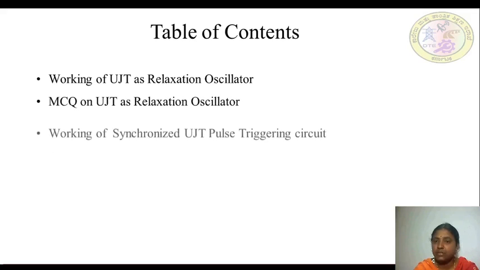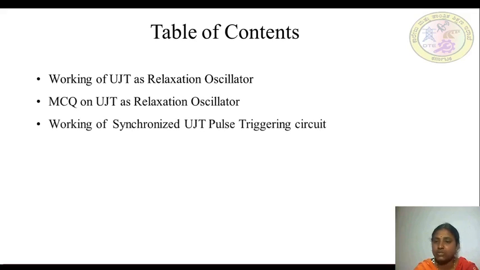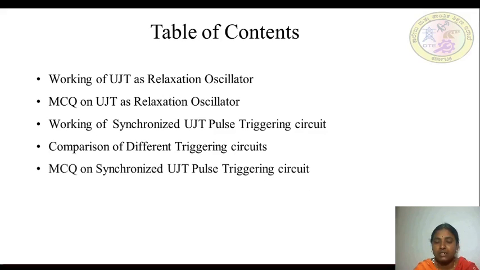Then we will study the working of synchronized UJT pulse triggering circuit with respect to its circuit diagram and waveforms. Later on, we will compare different firing circuits, that is R firing, RC firing and UJT firing methods. And lastly, we will have some questionnaires on synchronized UJT pulse triggering circuit.